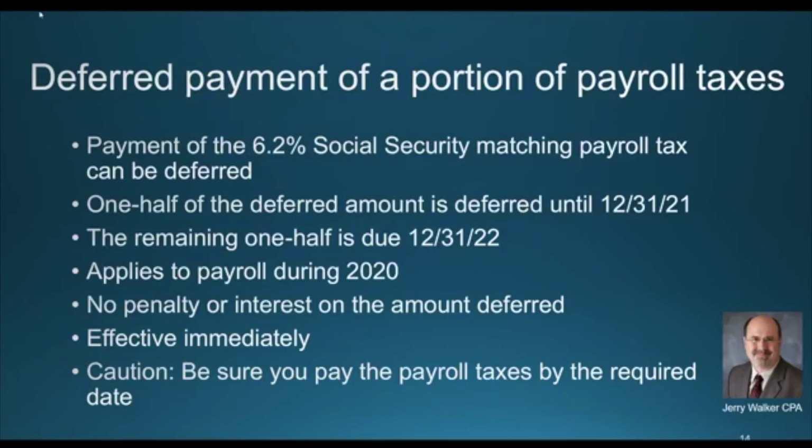And this will apply entirely for all of 2020. So, I mean, hopefully this whole crisis is over with soon. And so in December, I'm hoping we're back, totally everything's normal, but still you don't have to pay those matching Social Security payroll taxes until the end of 2021 and 2022.